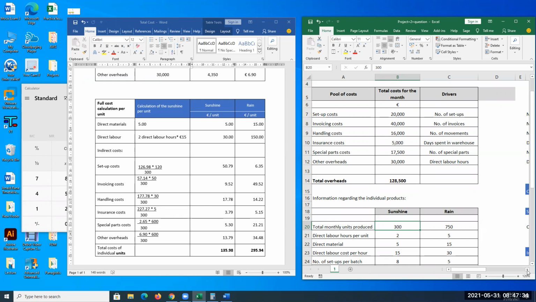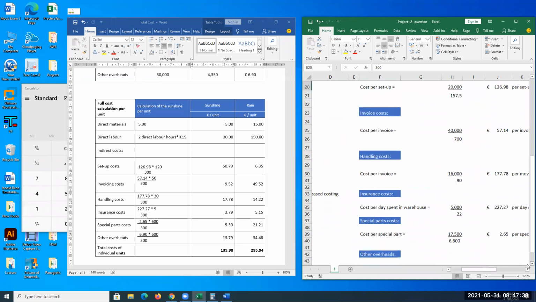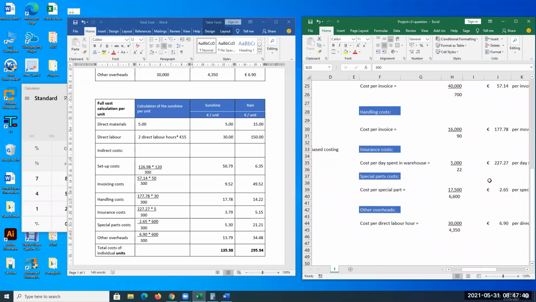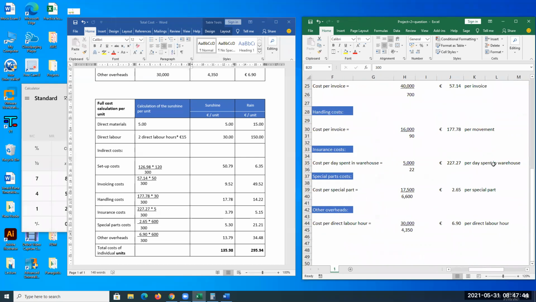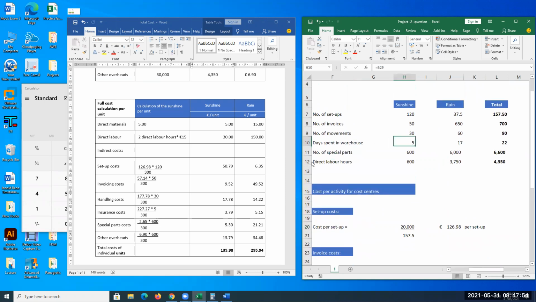Insurance cost. 227.27 per day spent in the warehouse. So it's 227.27 multiplied by how many days we spent for sunshine? 5. So multiply by 5, divide by the number of units produced, 300.